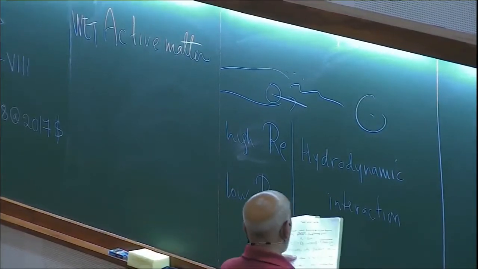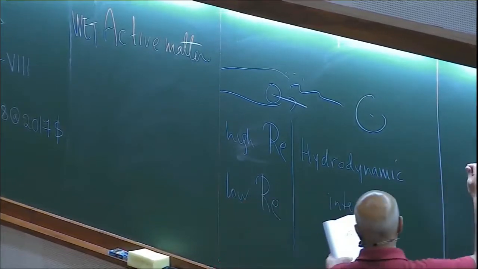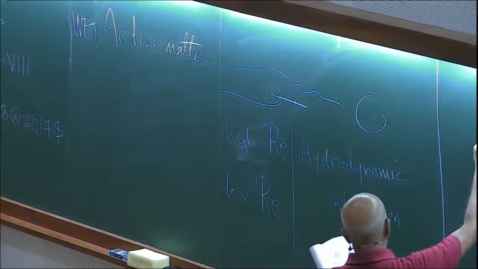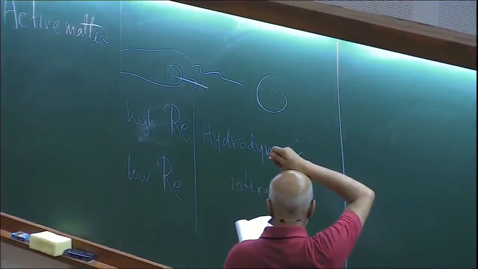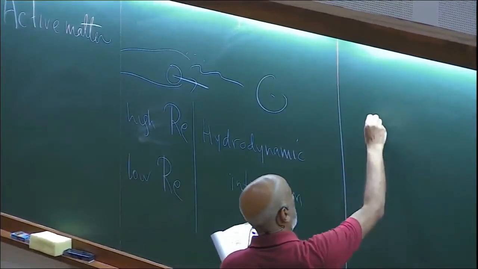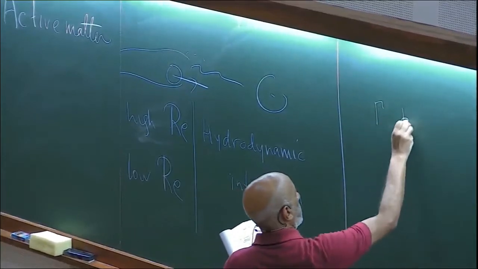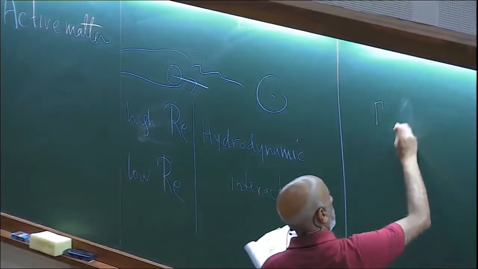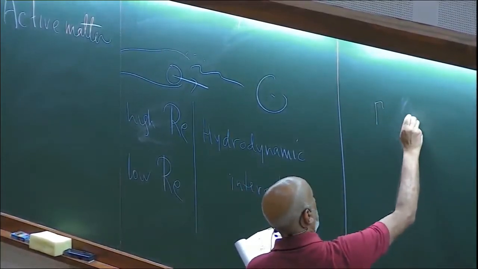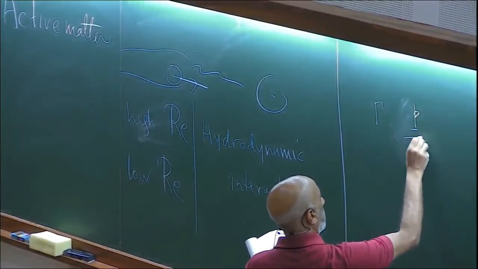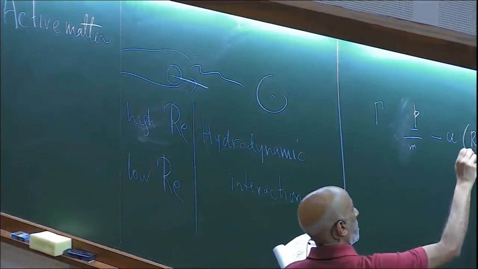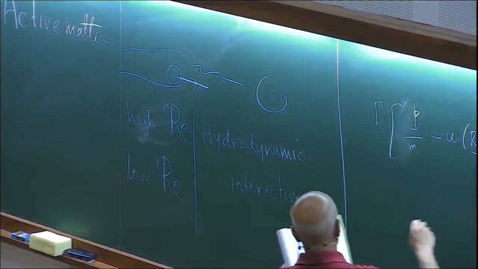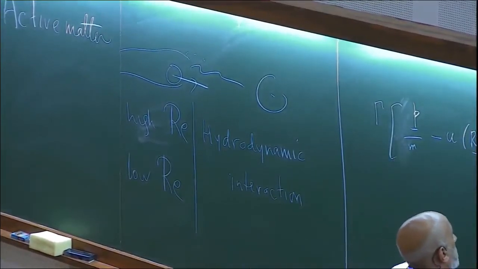and you remember the general picture that we wrote down was that if you ignore inertia, then what happens is that friction times particle velocity, which I'll call P over m, minus fluid velocity at the same location, was balanced by other forces.